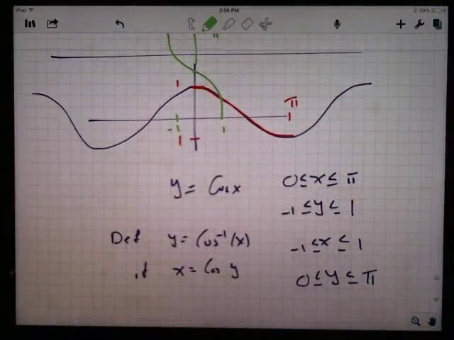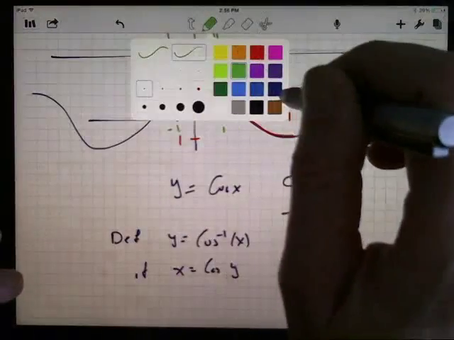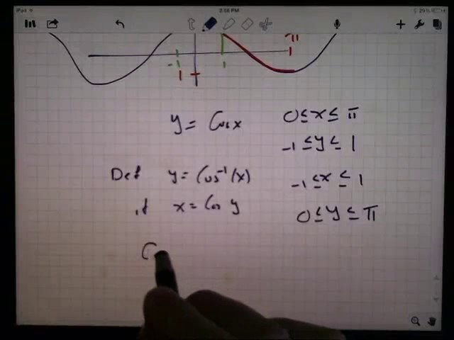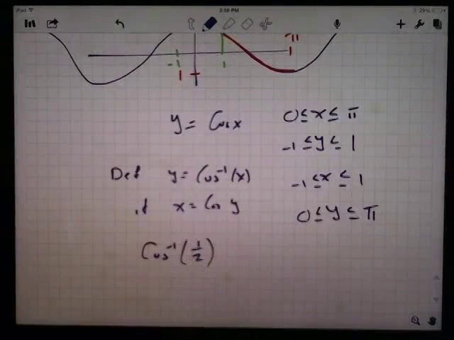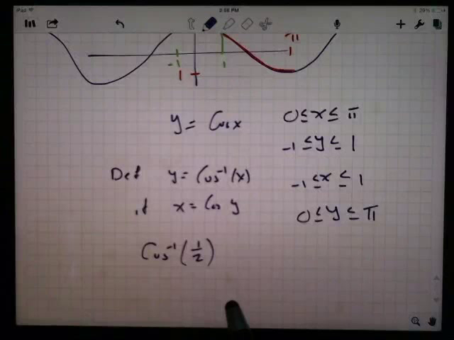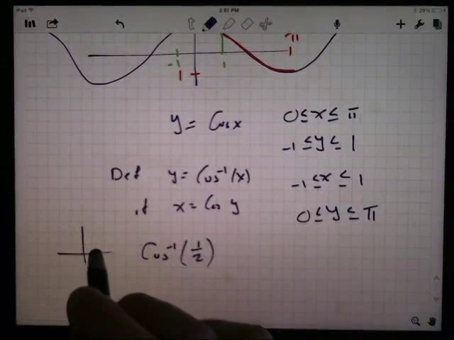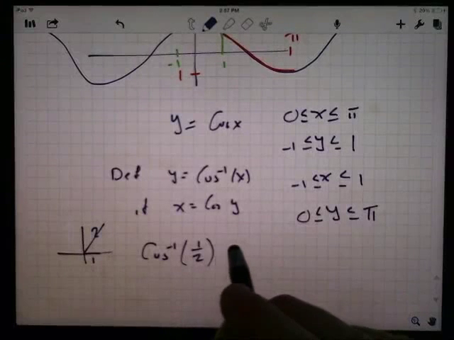Remember, the output is an angle. So if on this one I said something like, what's the angle whose cosine is a half? What's the arc cosine of a half? What's the inverse cosine of a half? All of those mean the same thing. Give me an angle whose cosine is 1 over 2. That angle would be pi over 3.